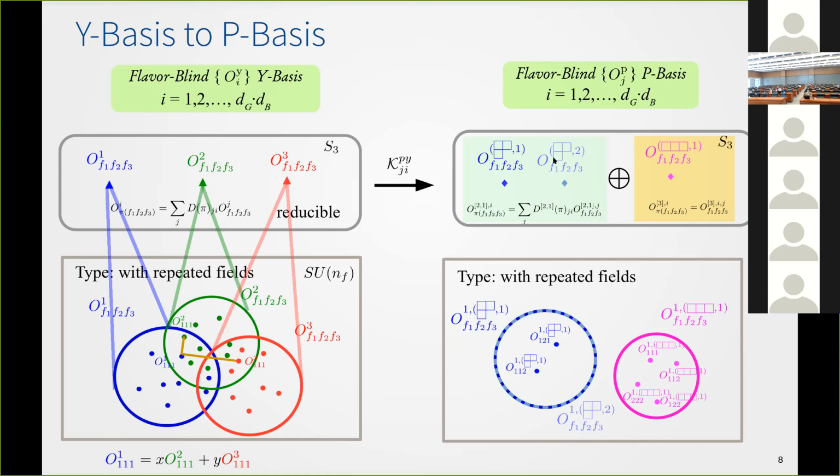And as one can see in the rounded box on the top right, 3 Y basis operators are decomposed into one 2-1 irreducible representation and one totally symmetric representation.